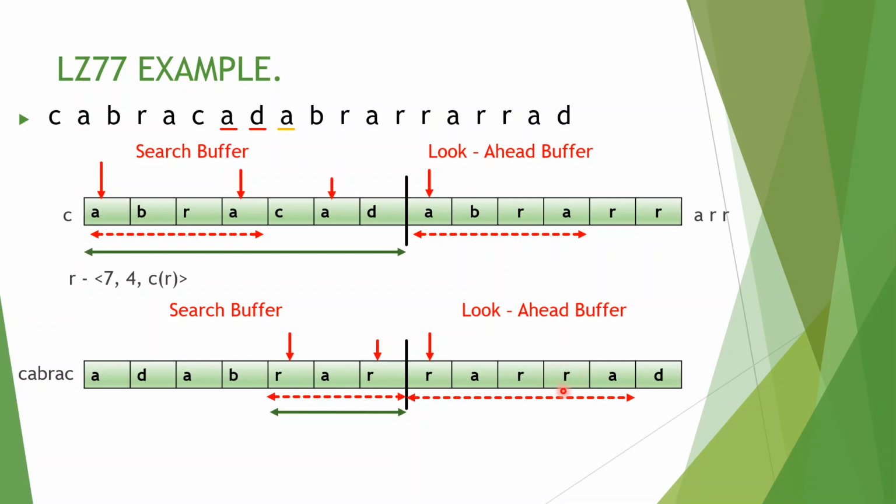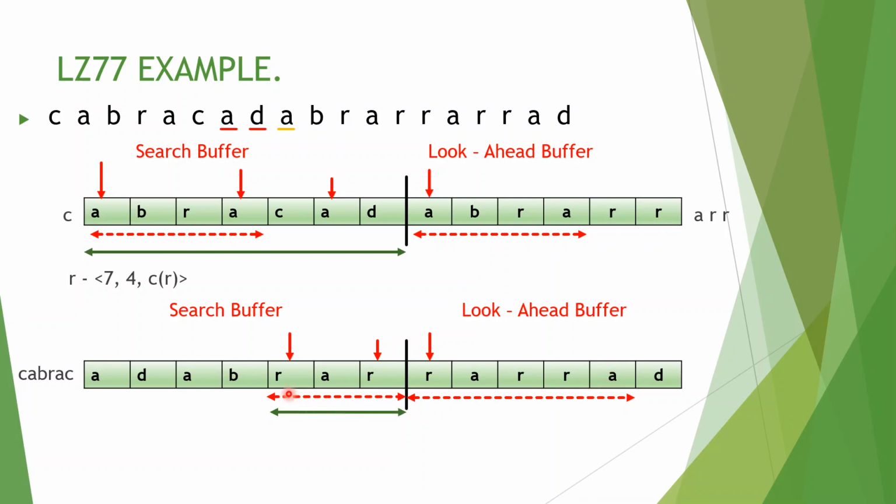After that the next symbol is R, which is matched with the symbol R in the look ahead buffer, and A matches with the symbol stored in the look ahead buffer. So our encoded sequence is what? R A R R A.